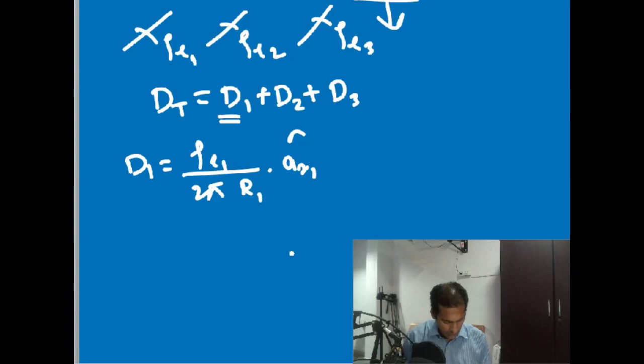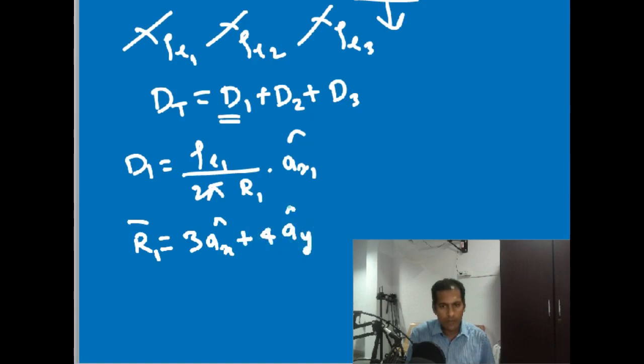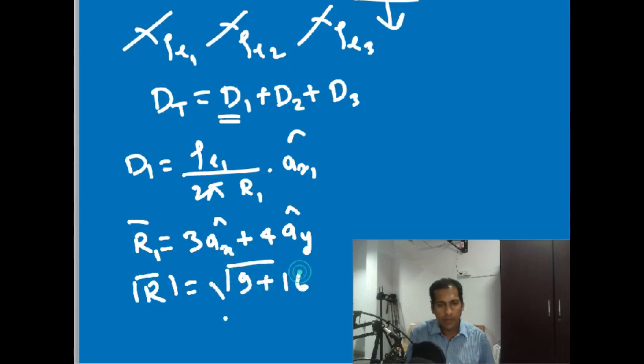So R1 is 0, 0. And R2 is 3AX plus 4AY. So source points minus destination points, if we do, we'll get R1 bar as 3 AX cap plus 4 AY cap, and mod of R will be equal to 3 square is 9 plus 4 square is 16.